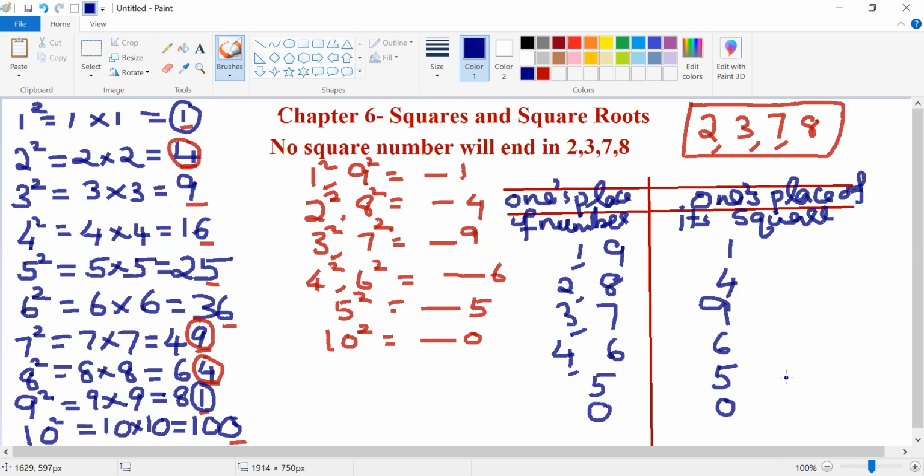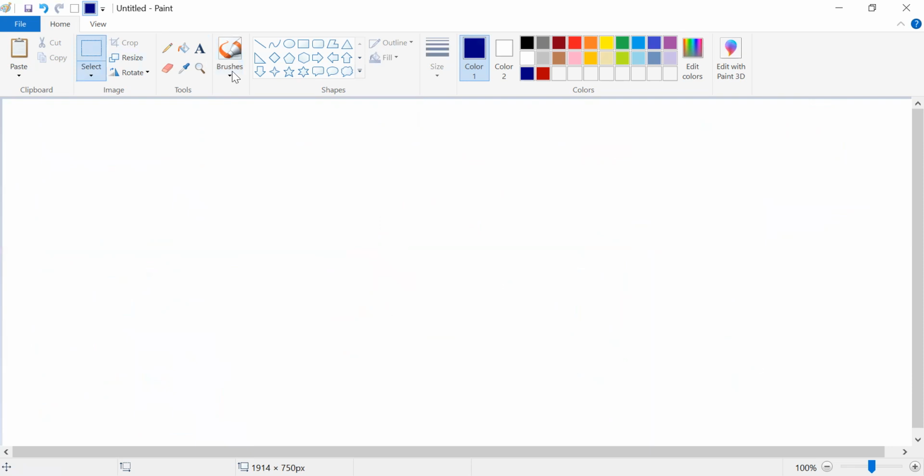That, easily we can find out. For example, suppose a number, for example, 246. And what will be the ones place digit of the square of this? That means 246 squared, that number ends in which digit?